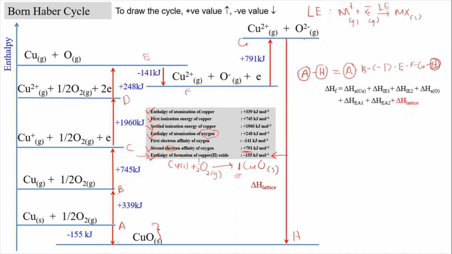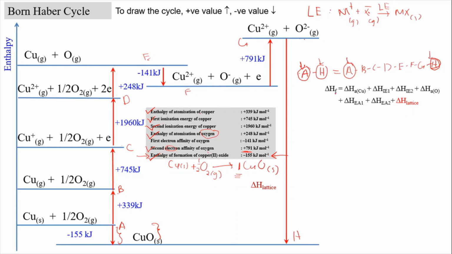As long as the initial is the same as the final, the energy change is going to be the same. So we can say that the enthalpy of formation, which is here, is the same as from there to there.